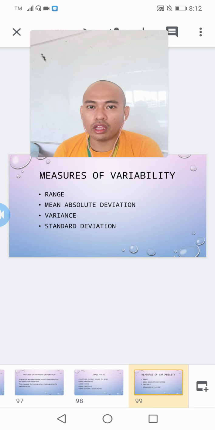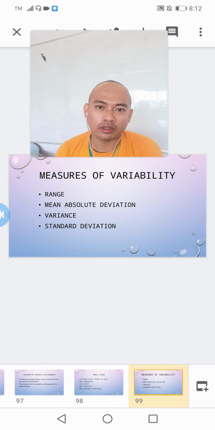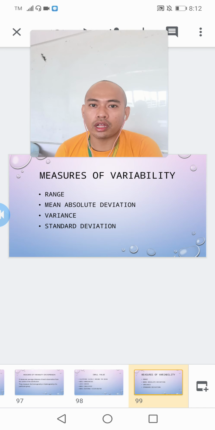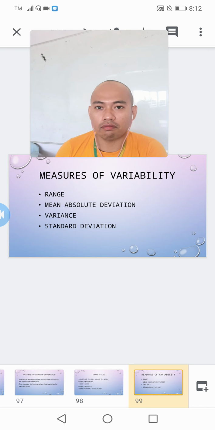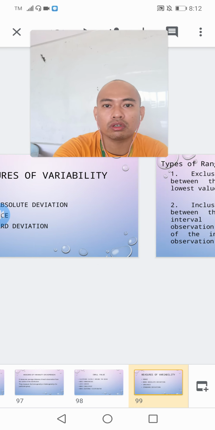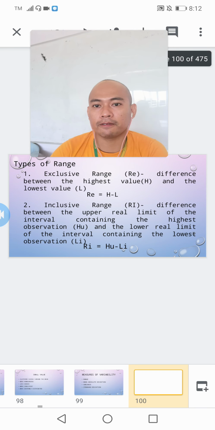If we take the square root of sigma square and simplify it, we will have sigma itself. So standard deviation can be symbolized as sigma, as a measure of variability.